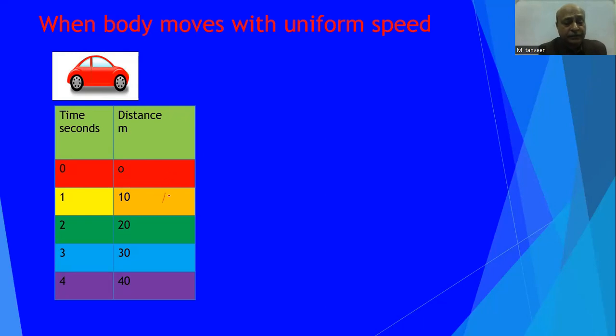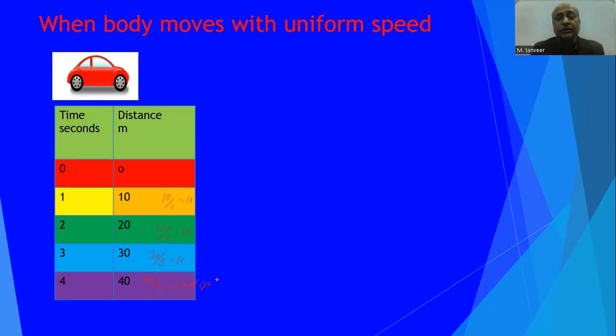So 10 divided by 1, your answer will be 10 meters. 20 divided by 2, your answer is 10. 30 divided by 3, your answer is 10. 40 divided by 4, your answer is 10 meter per second. This is the speed. Speed is uniform.